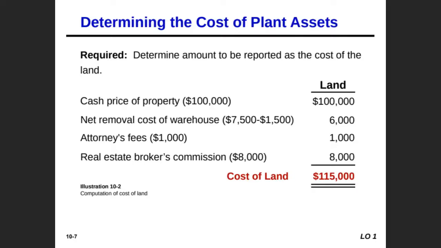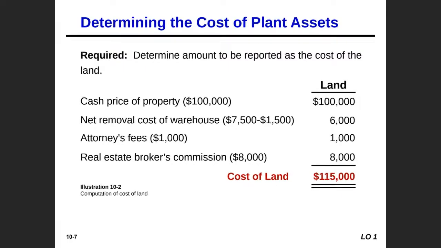When you purchase a land, Accounting 1, what should be the entry? You can type in whether you know or you don't know. Land is credit and cash is debit. Okay, no problem.